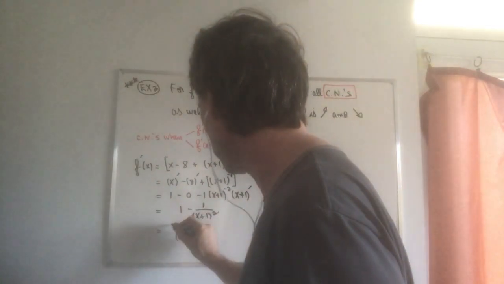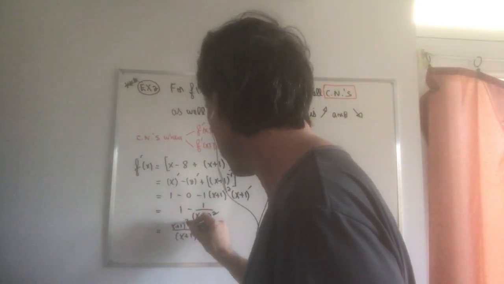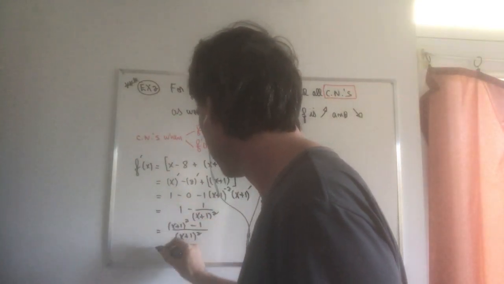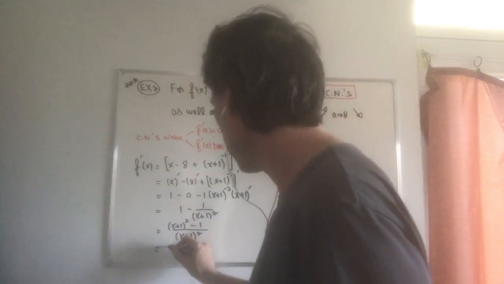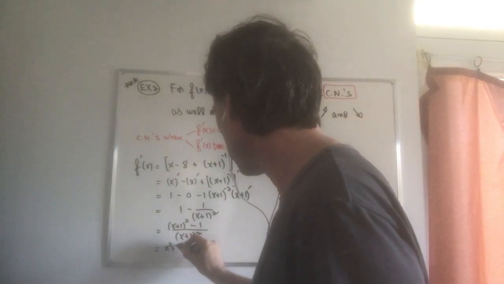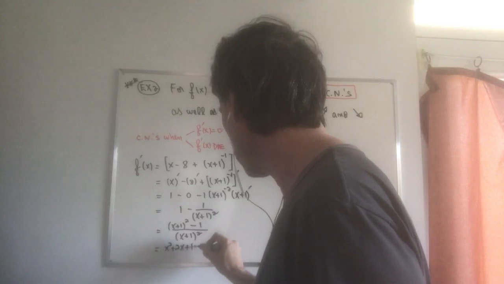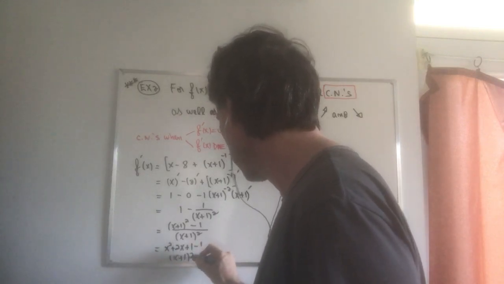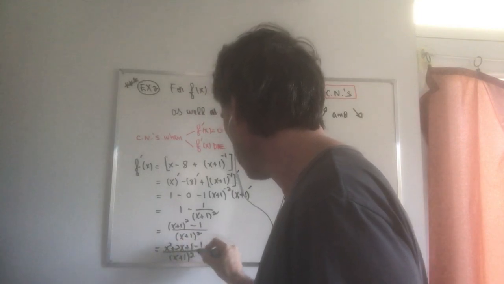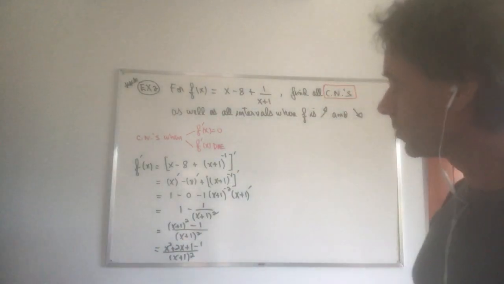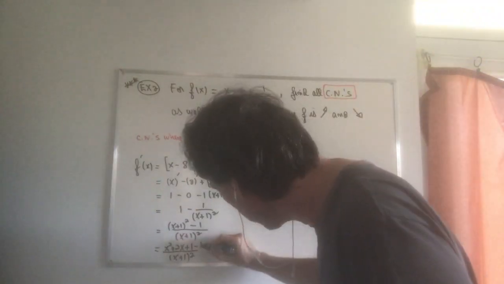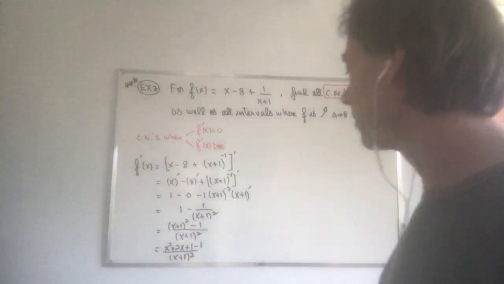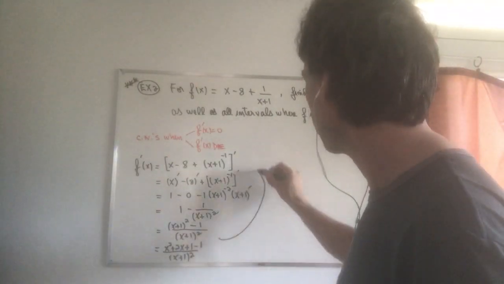So I shall have here x plus 1 squared minus 1. So I shall have x squared plus 2x plus 1 minus 1 over x plus 1 squared. The 1 and the minus 1 are going to go away.